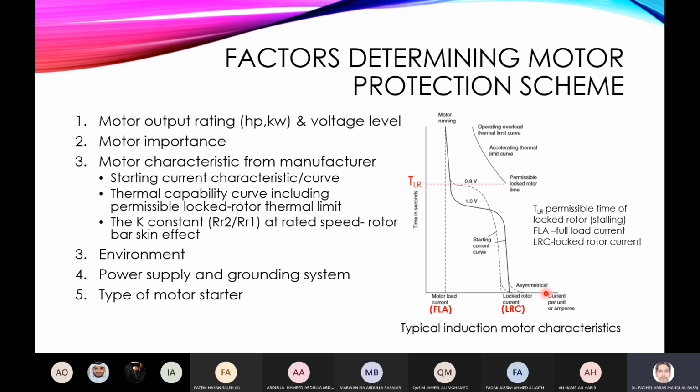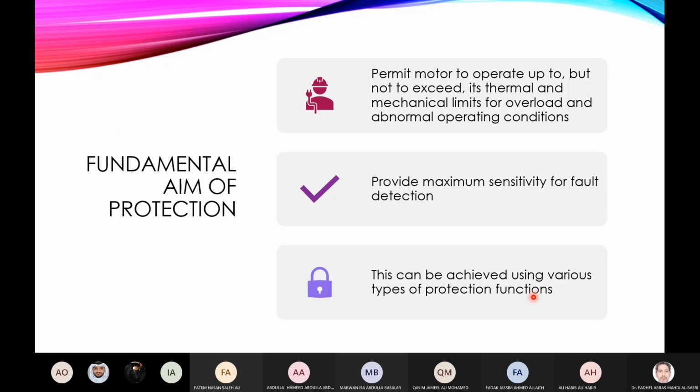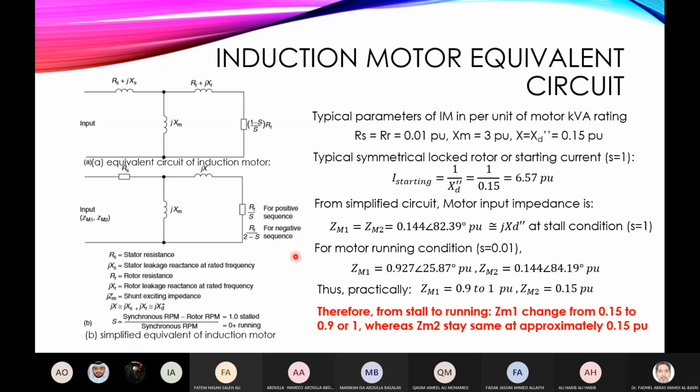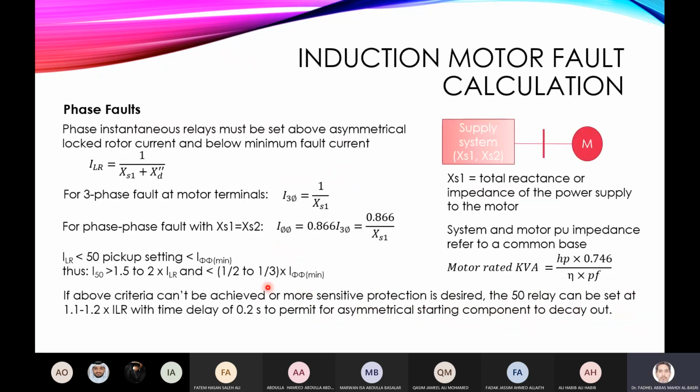So I want a setting even above the asymmetrical fault current somewhere here, and below, to detect the minimum line-to-line faults, I need to take half to 1/3 of this. So I make sure that the relay will operate during a minimum fault current.